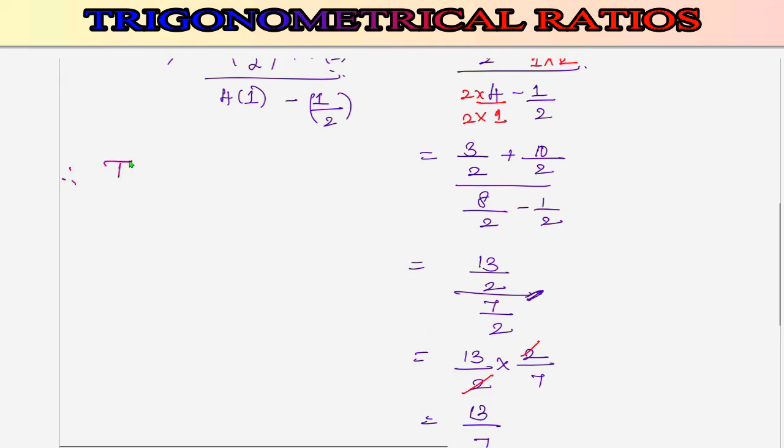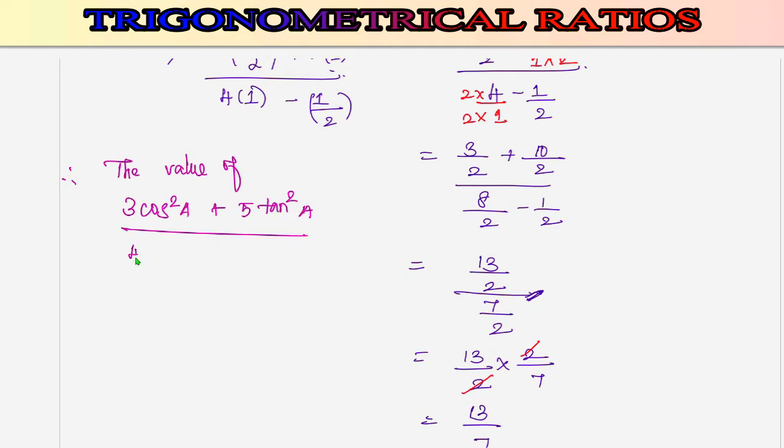Therefore the value of 3 cos square A plus 5 tan square A divided by 4 tan square A minus sin square A is equal to 13 divided by 7, or even you can write it as 6 by 7. So this is the final answer. Now we'll move to the next one.